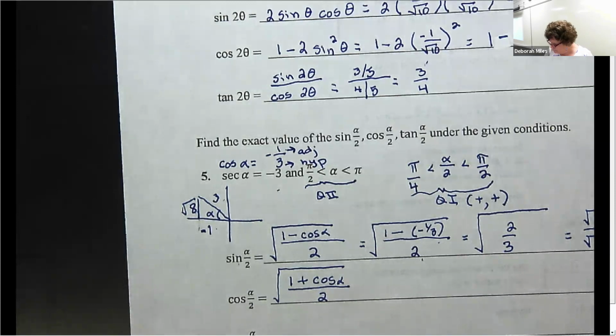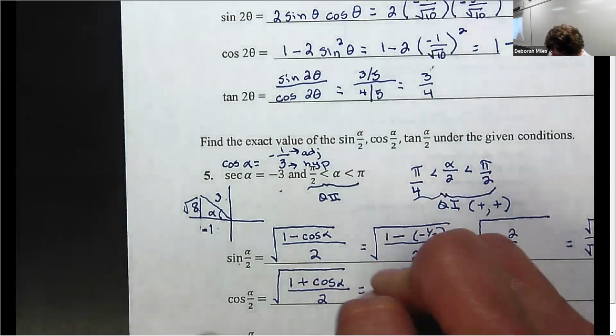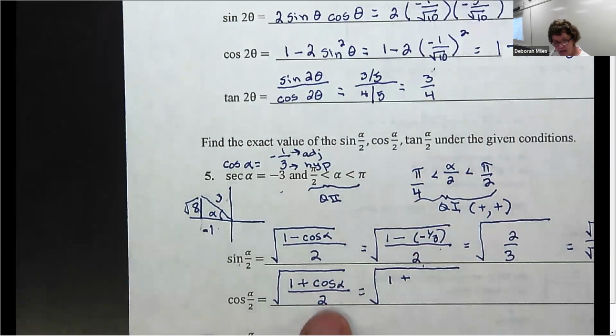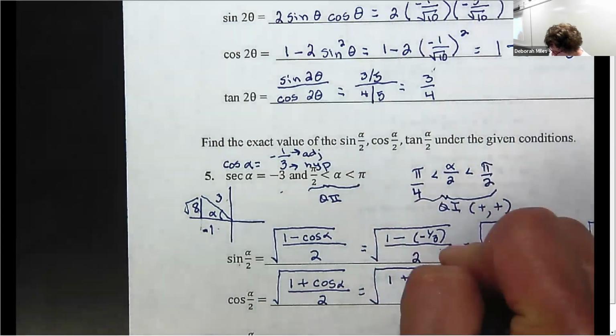All right. Cosine alpha over 2 would be square root of 1 plus cosine alpha, over 2. Cosine alpha is -1/3.